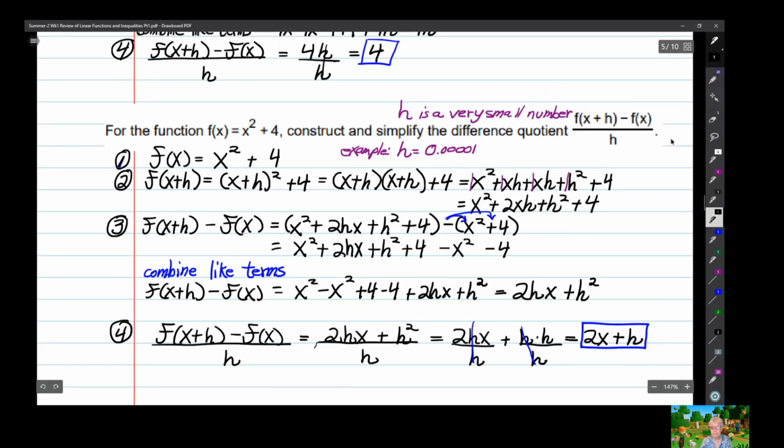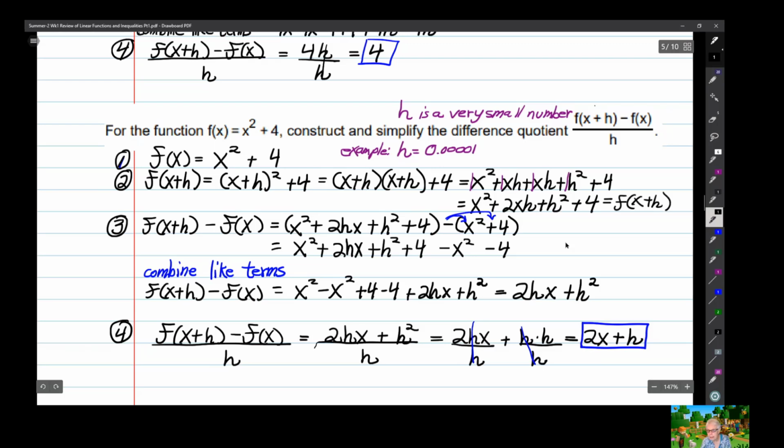It's not a big deal. All right, x squared plus 2xh plus h squared plus 4. That's what f of x plus h is. Let me write it over here. f of x plus h.